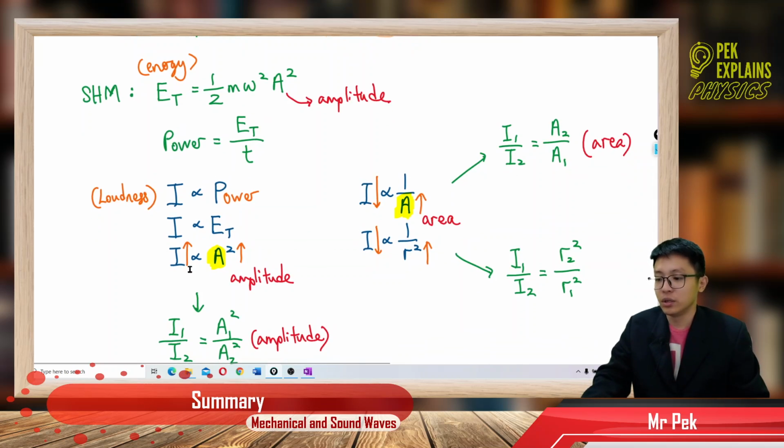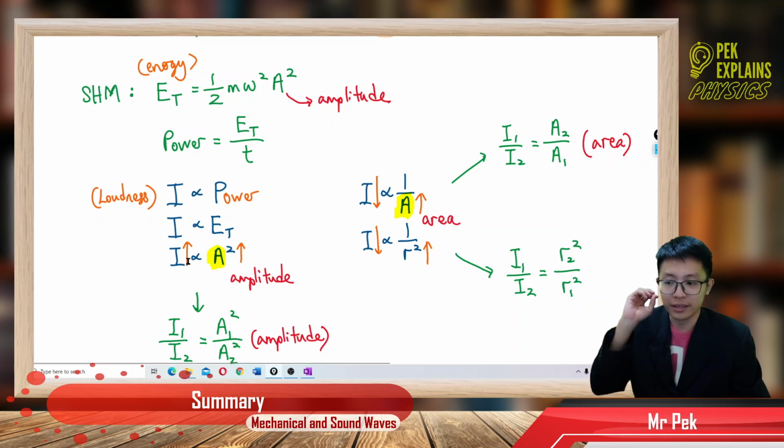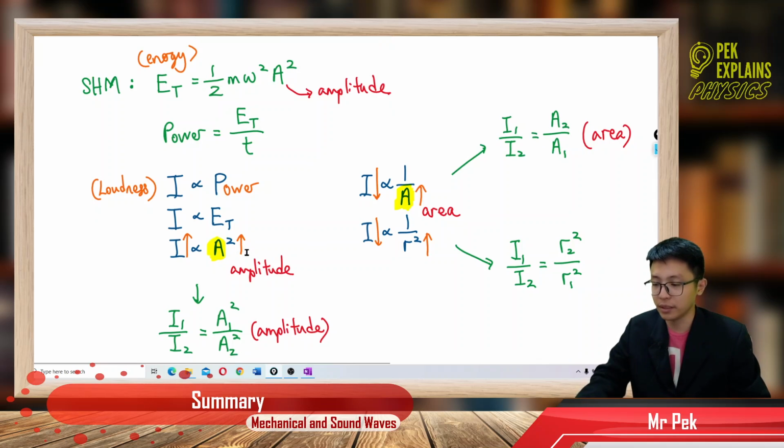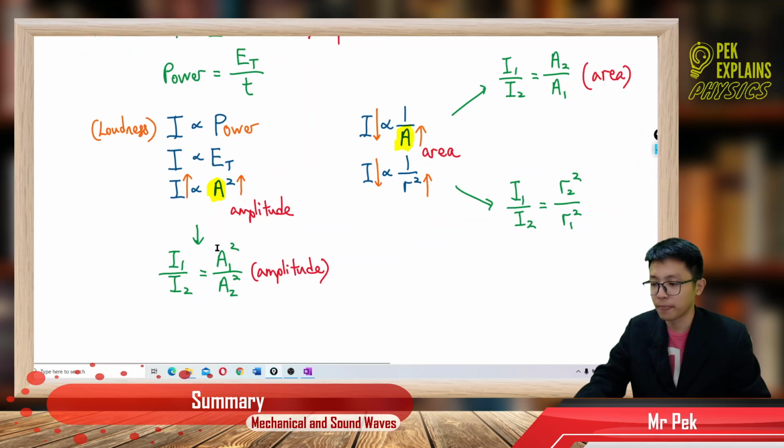That means the higher the intensity of sound, or the higher the loudness of sound you hear, the higher the amplitude of the sound wave you are hearing. The higher the intensity, the louder the sound, the higher the amplitude.